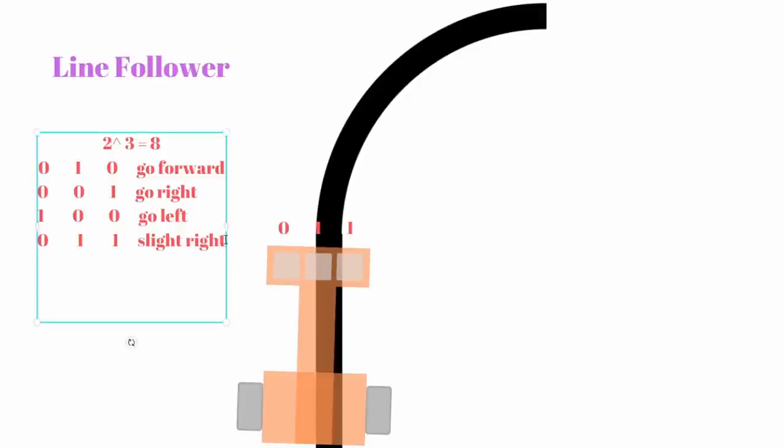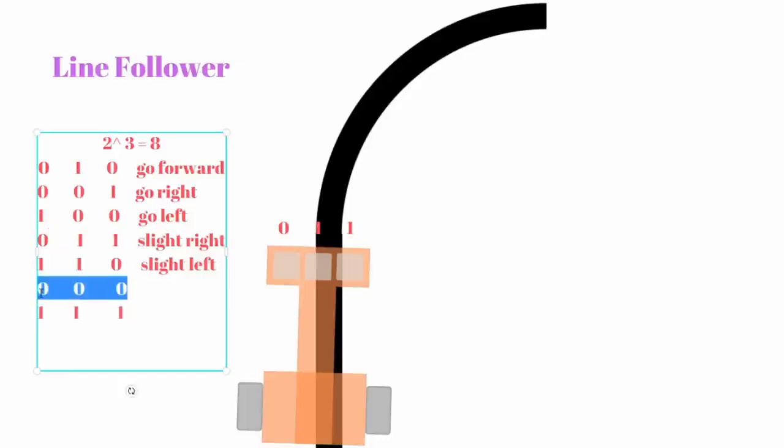The same way we will have 1, 1 and 0. So this will be slight left. And then we will have 0, 0 and 0, and then we will have 1, 1 and 1. A lot of the times, maybe one of them is not possible.